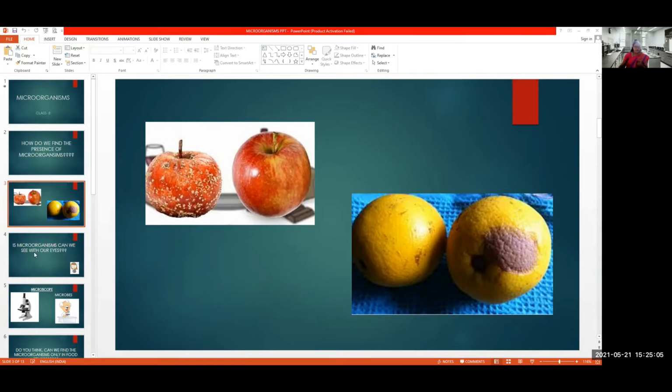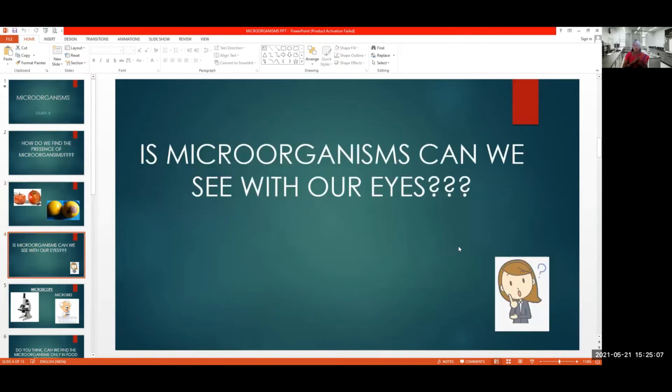Can we see microorganisms with our eyes? Yes or no? Whoever is saying yes, please raise your hand or give a thumbs up. Whoever is saying no, give a thumbs up. Those who say yes, how can you see microorganisms with your eyes?